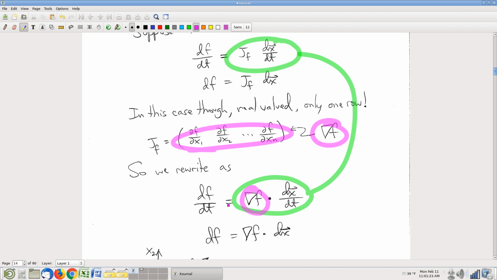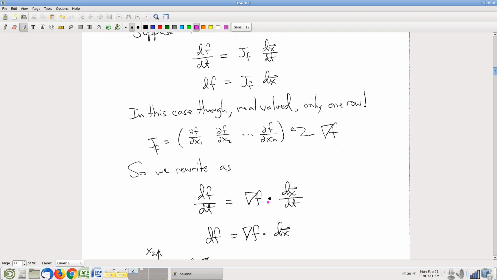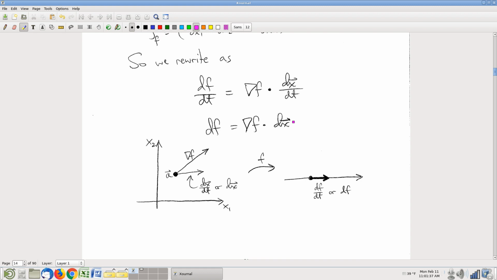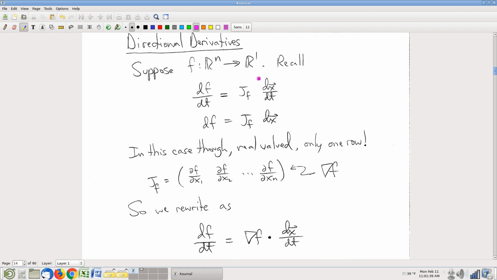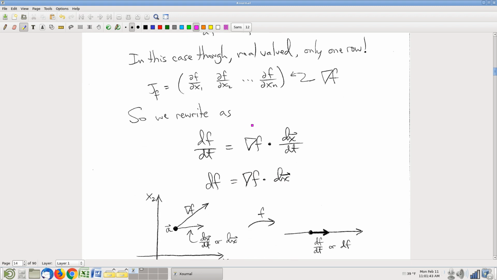It's the gradient. Again, it was just a notational shorthand convenience. So this only works in the real valued case, but it's a nice little change. I get to rewrite a matrix multiplication as a vector dot product.